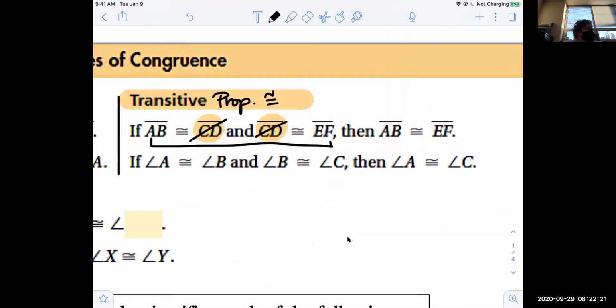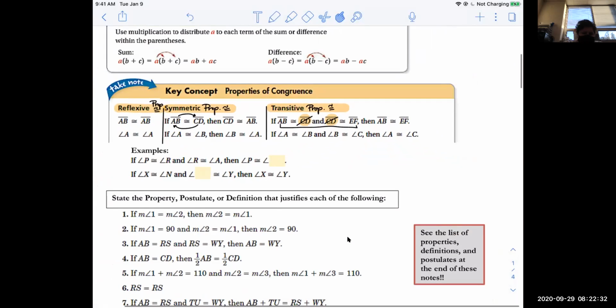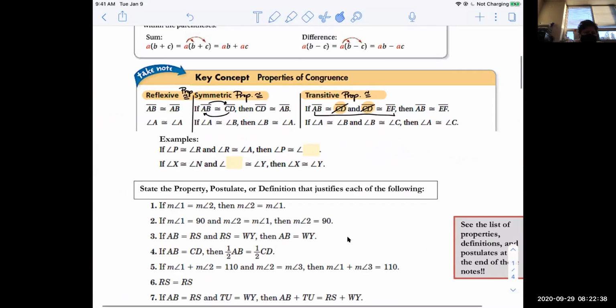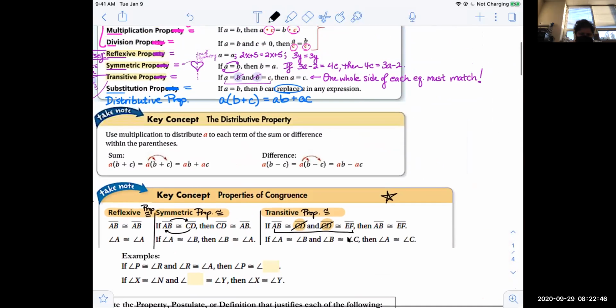If thing one is congruent to thing two is congruent to thing three, then thing one is congruent to thing three. And then you have the same thing with angles there. For transitive, the whole entire side of each equation has to have a matching whole entire side, the same thing as I set up here.